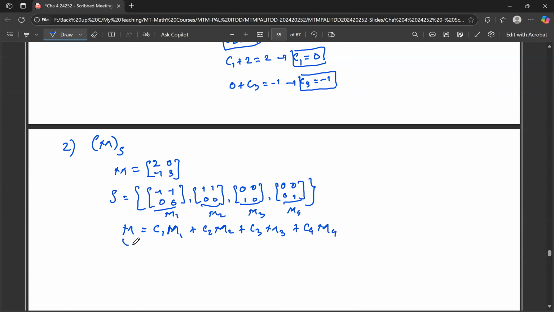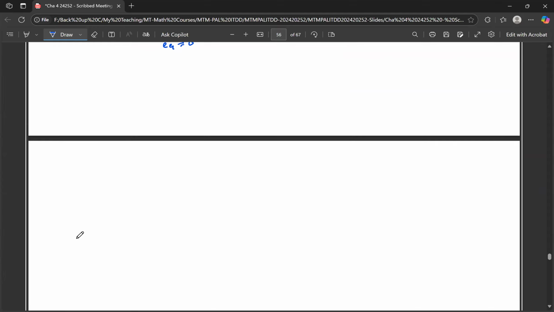And then from here, you must find C1, C2, C3, and C4. Please do it by yourself. Okay, number 3 is already done. Dimension of M22 is 4.